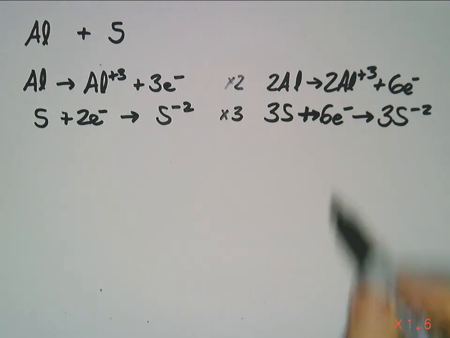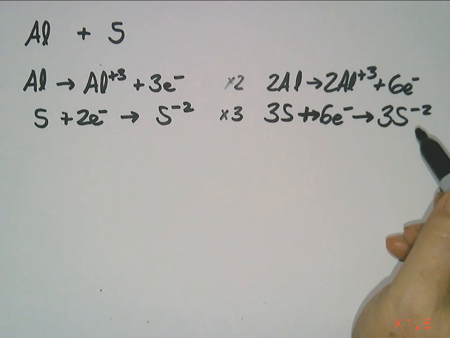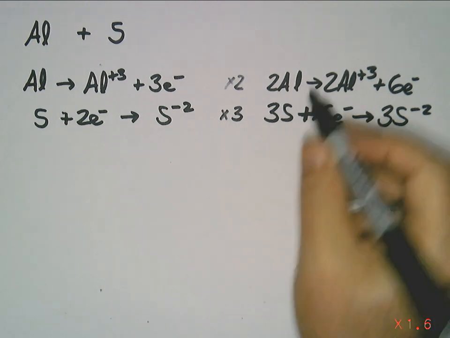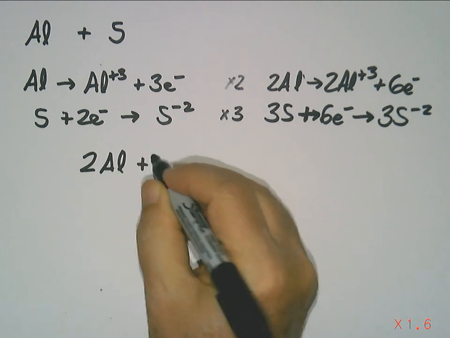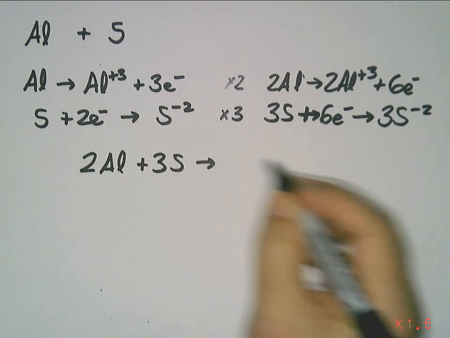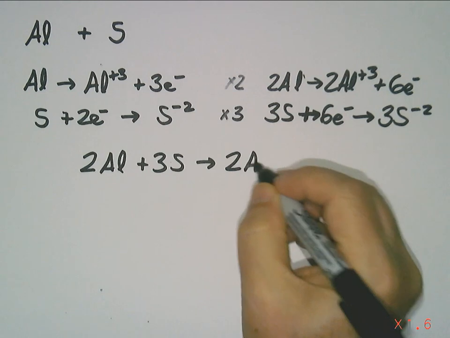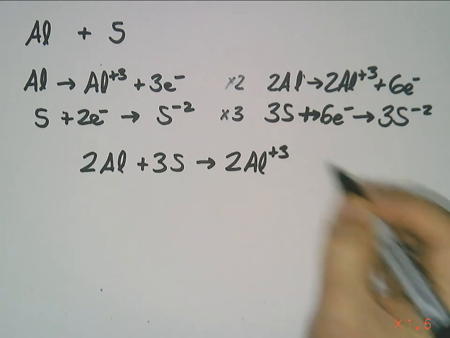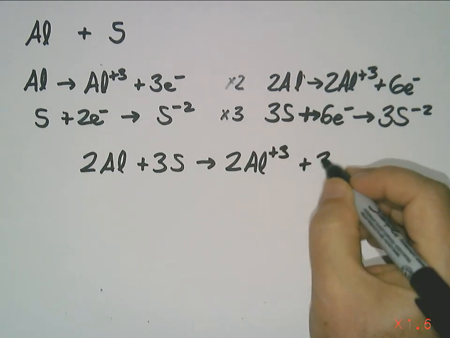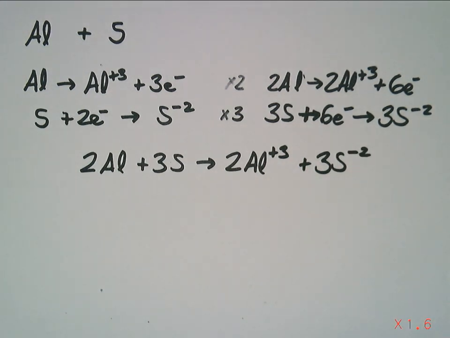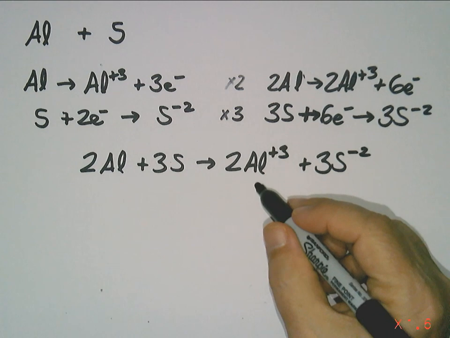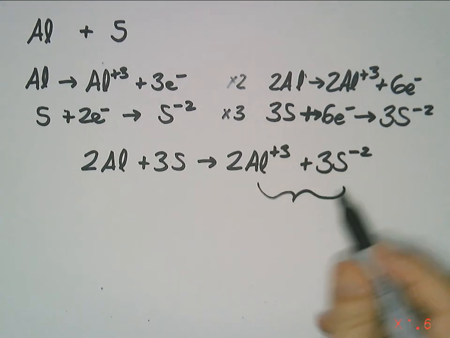All right. So what I'm going to get is an overall equation when I add these up that looks like 2 aluminums plus 3 sulfurs is going to come together to give me 2 aluminum ions with a +3 charge plus 3 sulfide ions with a -2 charge. Now notice that these then can come together and make a compound.